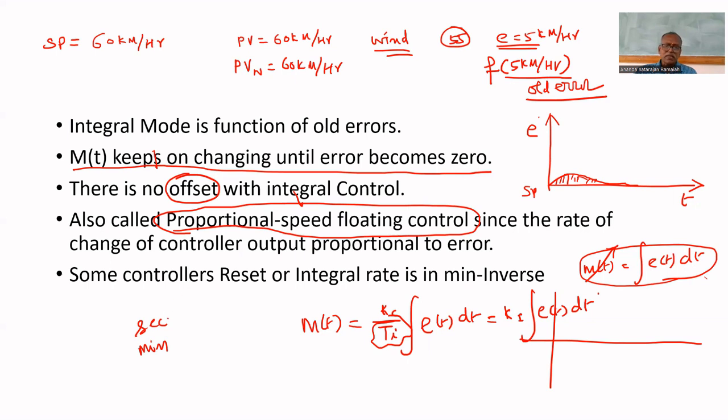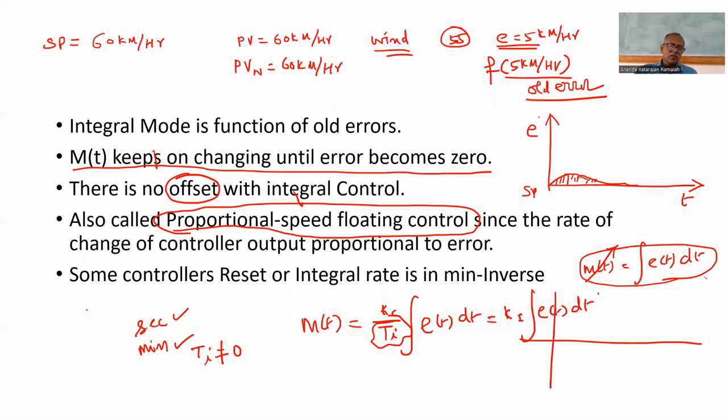That's why we cannot give 0. Ti should not be 0. If it is 0, it becomes infinity and you will get a divide by 0 error. You cannot put Ti equal to 0.